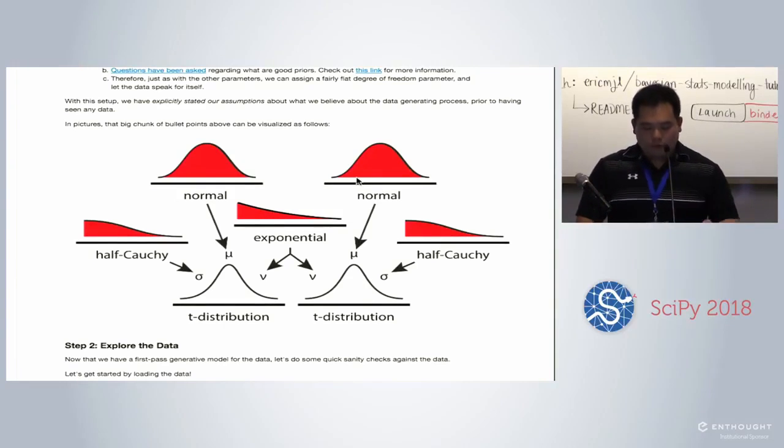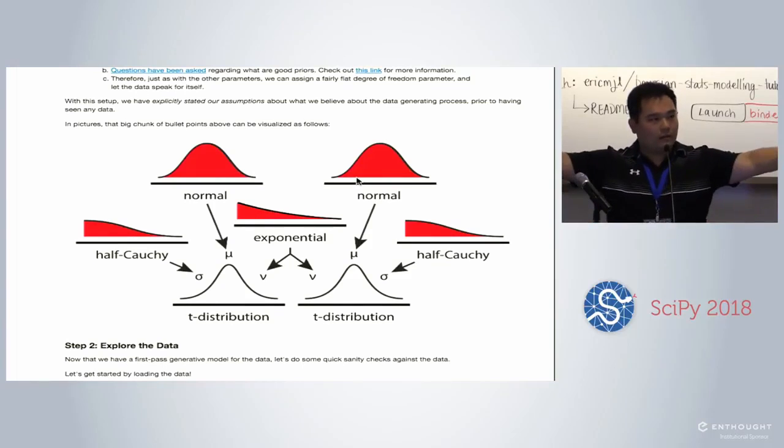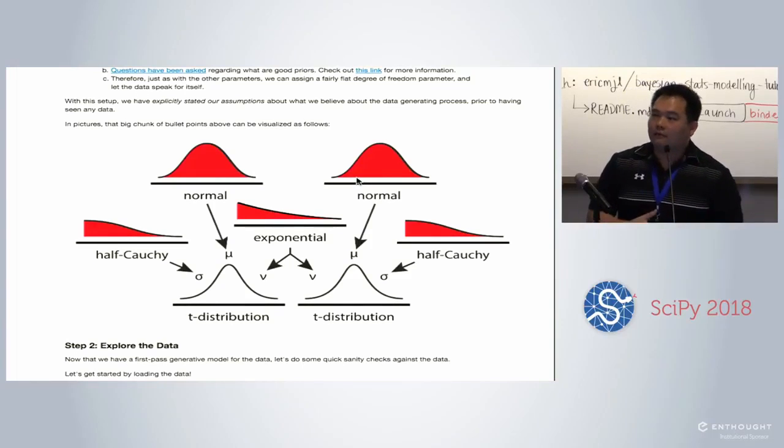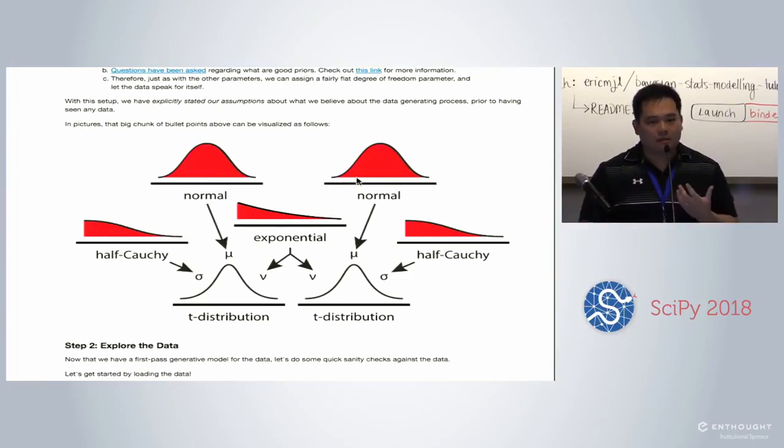Then there's a mu for the first group and a mu for the second group. And these two mu's we call normally distributed. If we wanted a fairly flat normal distribution, what would you set the mean and the standard deviation to be? Standard deviation a lot. Yes, exactly.